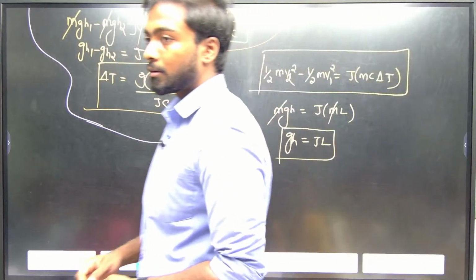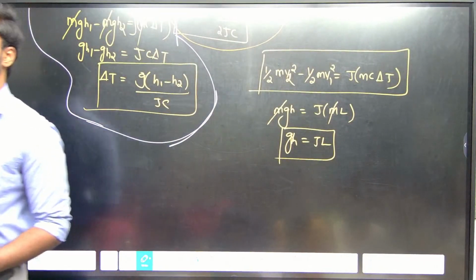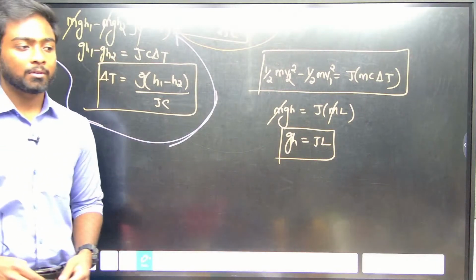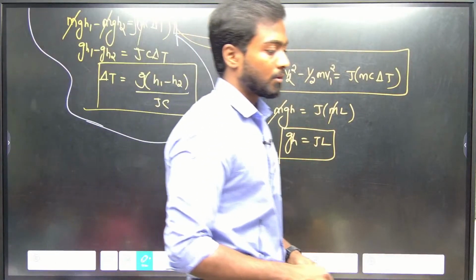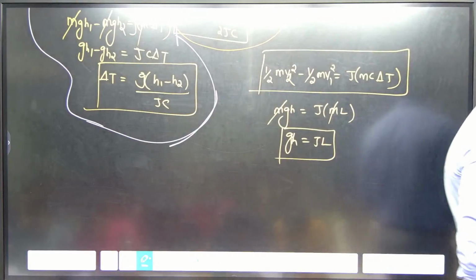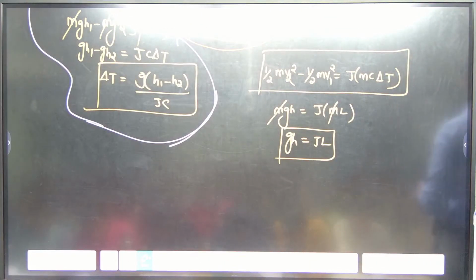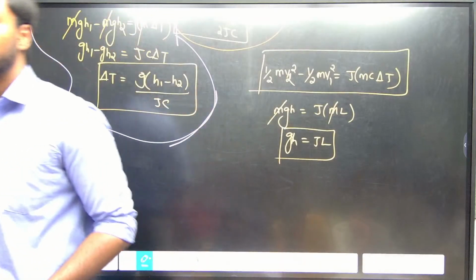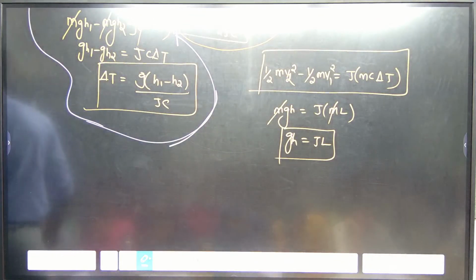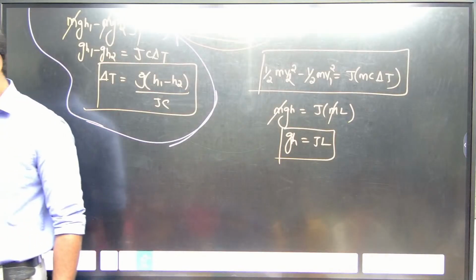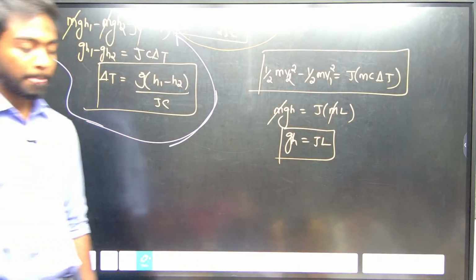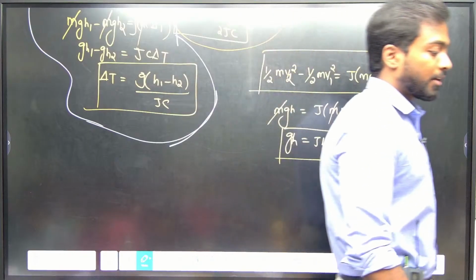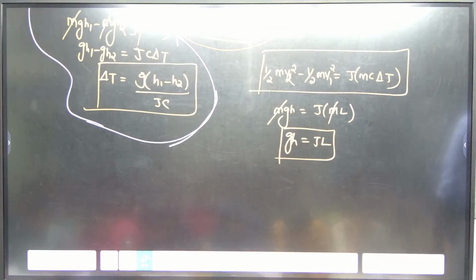When a mass m, in bracket you can take down ice, is falling from height h, after falling it completely melts down.